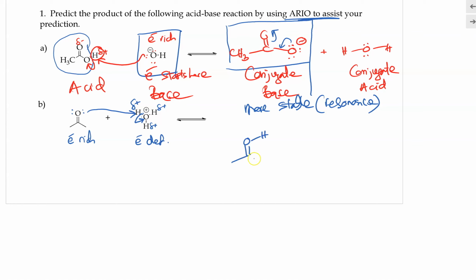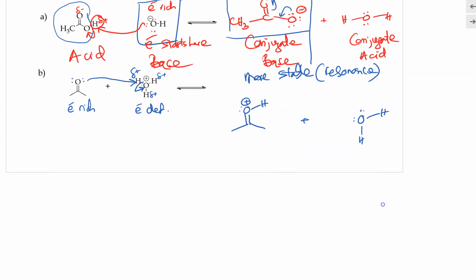So the oxygen will now be bonded to the hydrogen, and this will cause this oxygen to have a positive formal charge on it. And when this electron is donated to this oxygen, it would now have two lone pairs of electrons, and it would then be neutral.